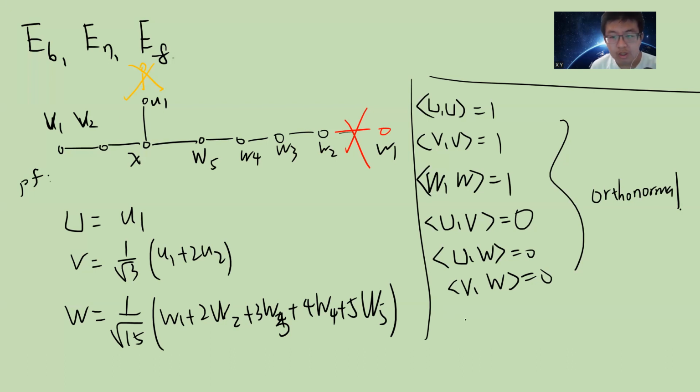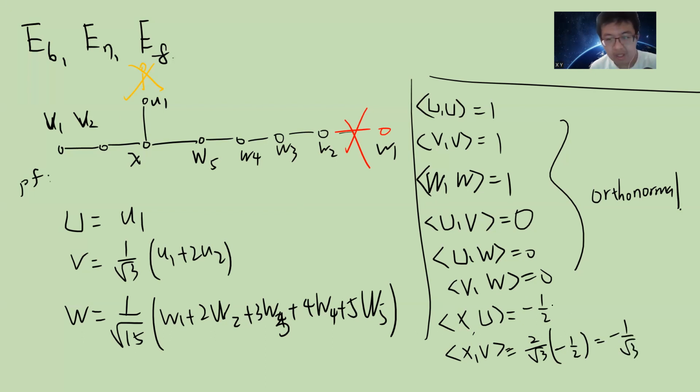Okay, so now let's calculate x with u. So x with u will be negative half. And x with v will be 2 divided by square root of 3, and then there's an angle here, so negative half. Okay. Now let's calculate xw.